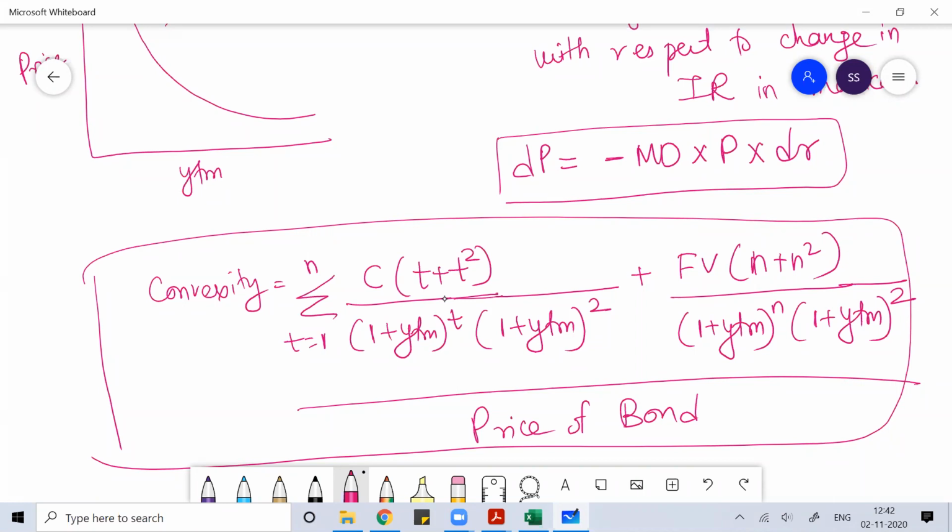I hope you understood this, and that relationship is measured by a mathematical formula called convexity. Duration is nothing but the first order derivative of the price with respect to the change in YTM of the debt instrument, while convexity is the change in the duration with respect to the change in YTM of the debt instrument. That is basically convexity.